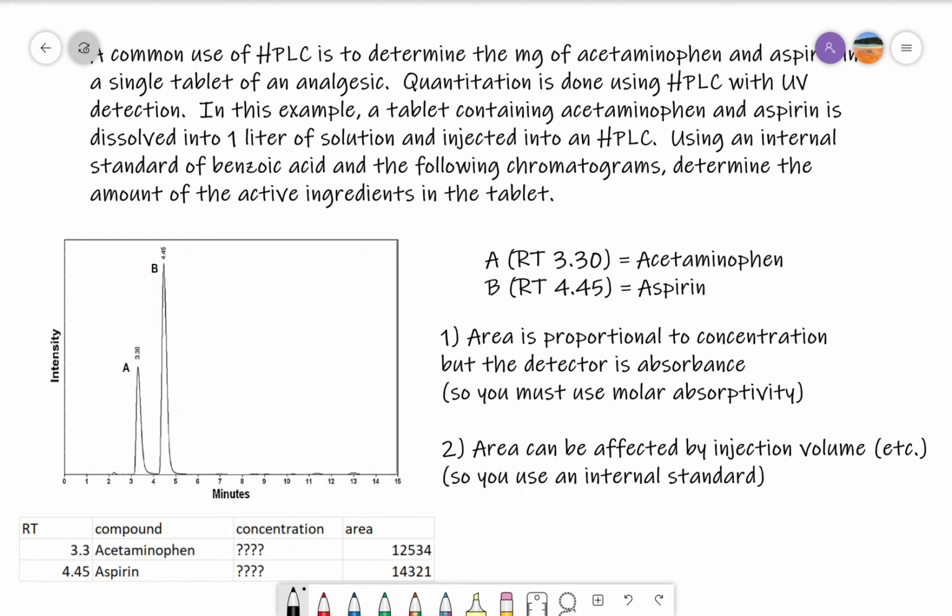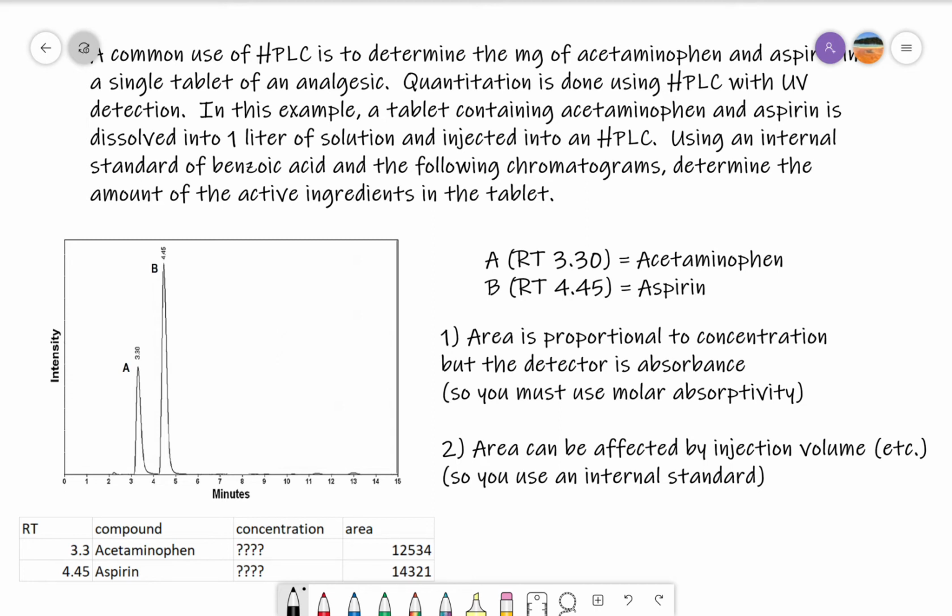All right, so in this particular example, a single tablet of an analgesic containing acetaminophen and aspirin is dissolved into 1 liter of solution. That means all of the milligrams of the aspirin and the acetaminophen are now dissolved into 1,000 milliliters. We are going to analyze that unknown using HPLC.